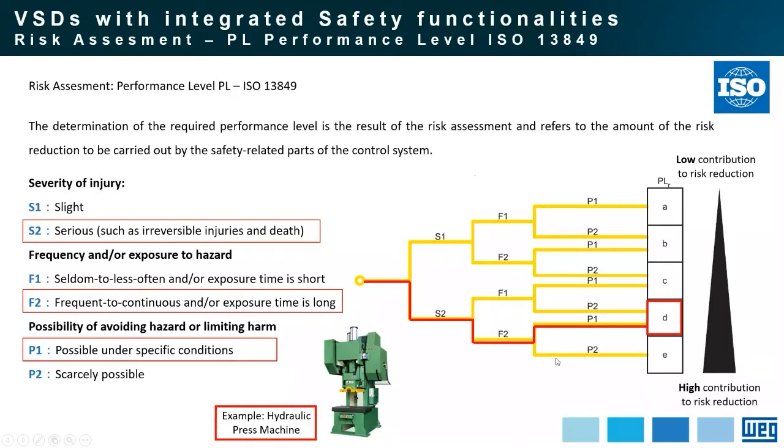And also the last question concerning possibility to avoid hazard is P1, because there is a possibility to add additional devices to protect the machine. And so in the end, according to the ISO 13849, this machine will be classified as performance level D. It means a medium to high contribution to risk reduction.